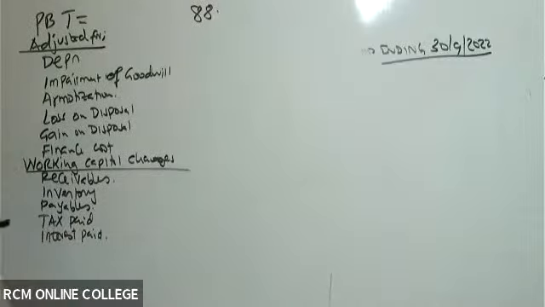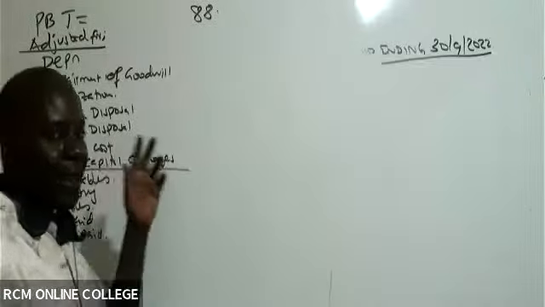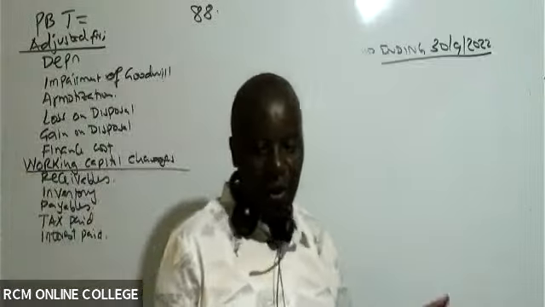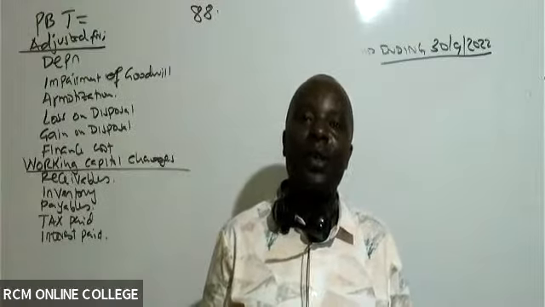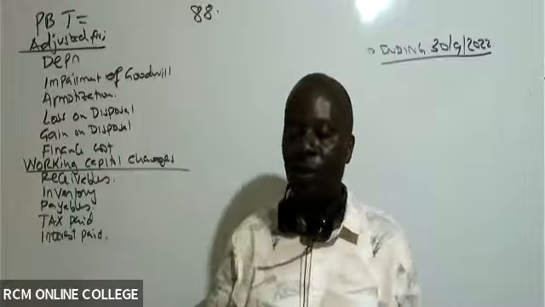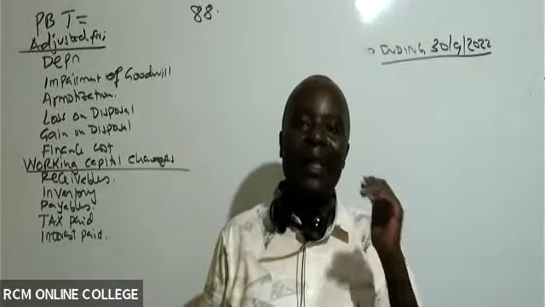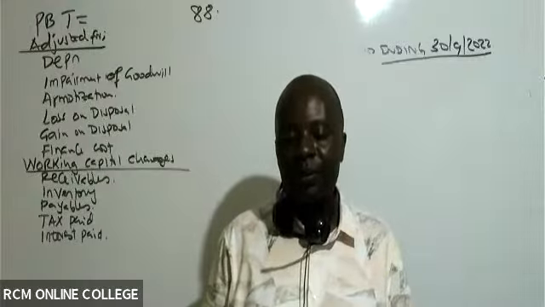Remember, interest paid is normally arguable. You could either put it under operations, or you take it under the financing activities. You can decide to put it here or under financing activities. You can never be wrong.